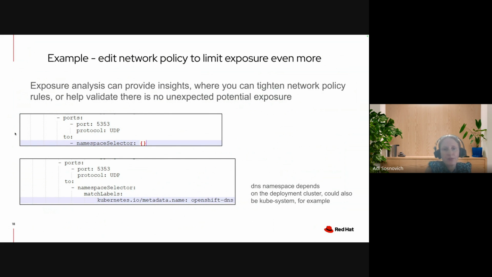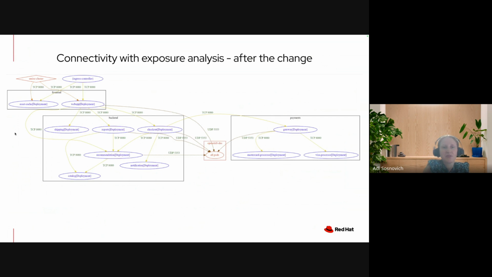And then it gives you the opportunity to have tighter policies and even improve it better. So in the next slide, I show the graph generated after adding this rule. And now you can see that actually the exposure is only to the OpenShift DNS namespace for these pods and not to the entire cluster.